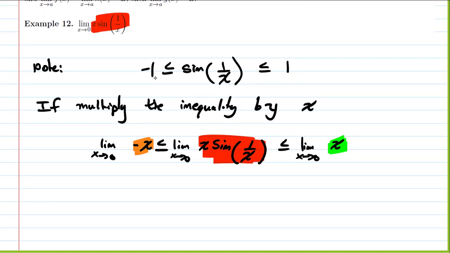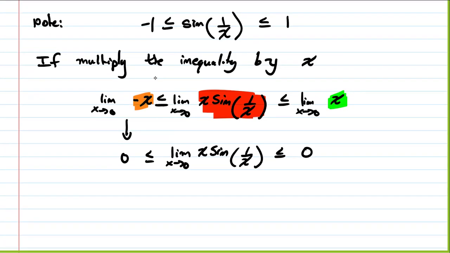So what's the limit as x goes to 0 of negative x? Well, that's going to be 0, which is less than or equal to the limit as x goes to 0 of x times the sine of 1 over x, which is less than or equal to the limit as x goes to 0 of x. Well, that's just going to be 0. So these two things are the same.